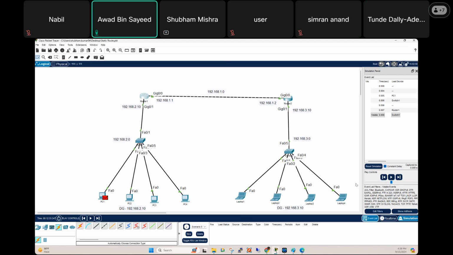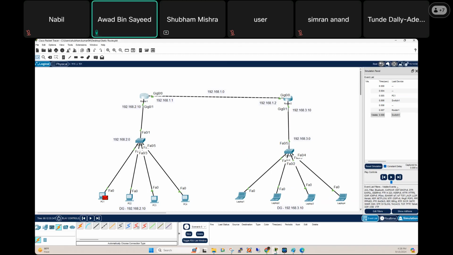Sir, is it the right example? Suppose we are making a default route for all internet access, and for intranet we are making static routes. Yes, generally in a real scenario, we put the default route on our edge router where we are forwarding the traffic towards the internet.